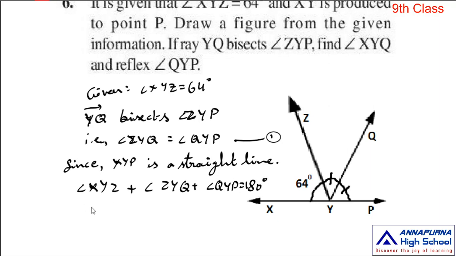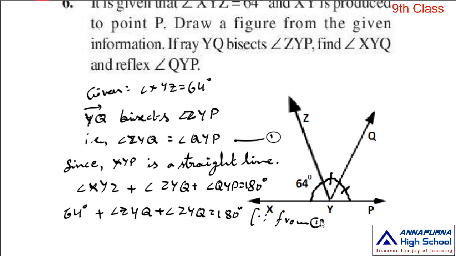Given condition, angle XYZ is equal to 64 degrees. Therefore 64 degrees plus angle ZYQ plus angle ZYQ is equal to 180 degrees, because angle ZYQ is equal to angle QYP from equation 1.